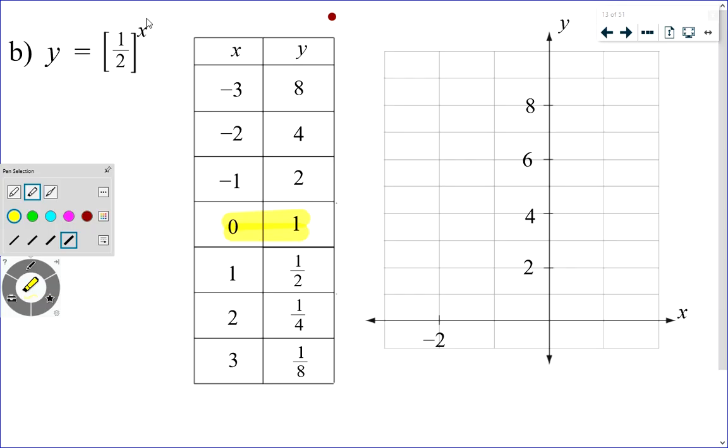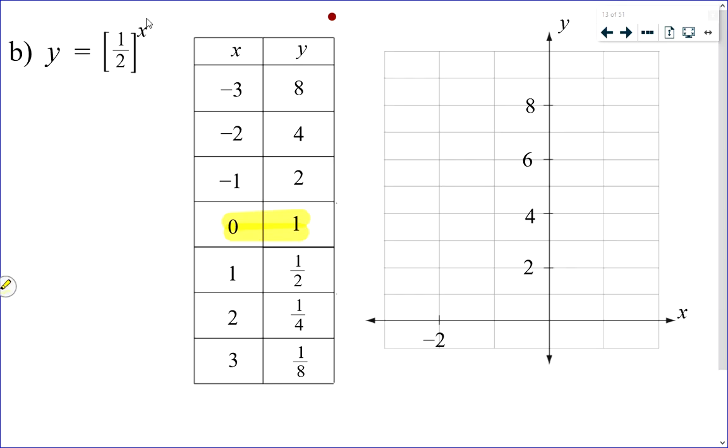Regardless of what c is, as long as c is an allowable value of c, then the y-coordinate there will be 1. I hope it's also clear that if you take 1/2 raised to the 1, you get 1/2. And if you take 1/2 squared, you get 1/4. 1/2 times 1/2. So what's happening to y is it's being multiplied by 1/2 regularly.